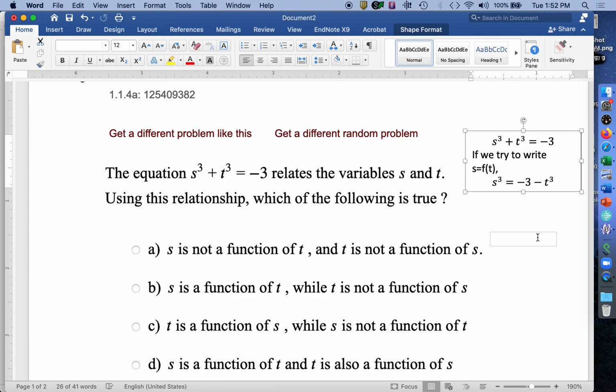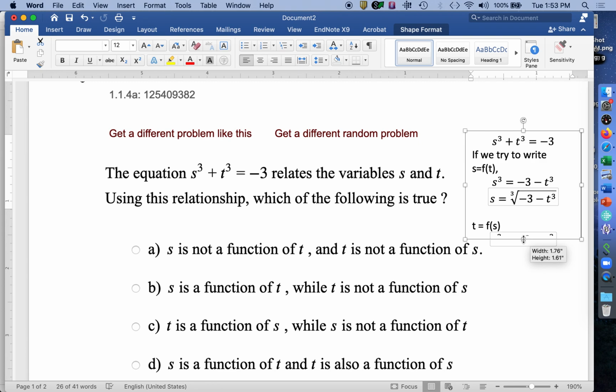So I now have s cubed by itself: s cubed equals -3 minus t cubed. Then I have to get rid of the cube, and the way to do that is to take the cube root. That will give me s equals the cube root of -3 minus t cubed. I don't have to put plus minus or anything like that.